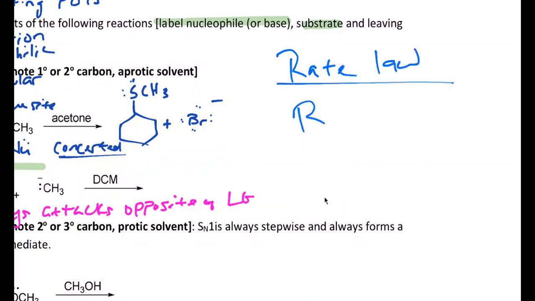The rate is k, which is the rate constant, a lowercase k, times the concentration of the nucleophile and then the substrate.